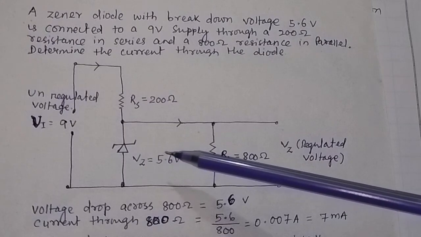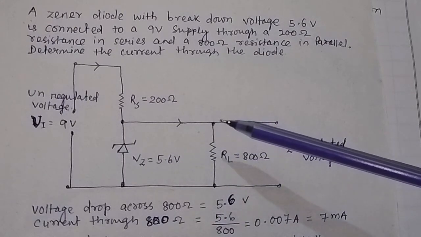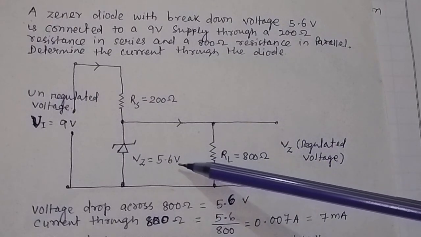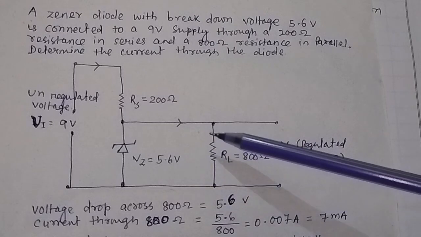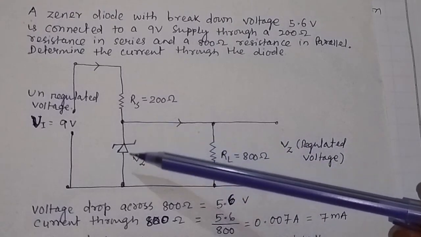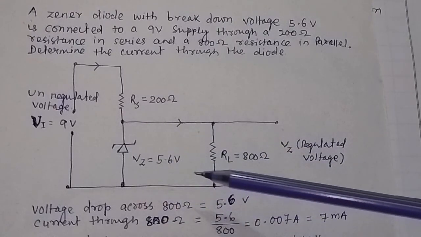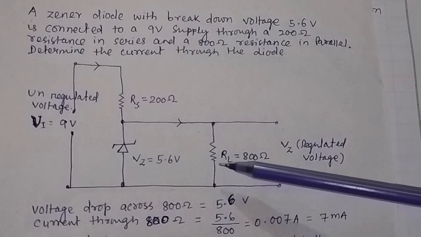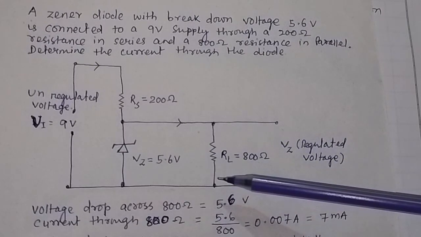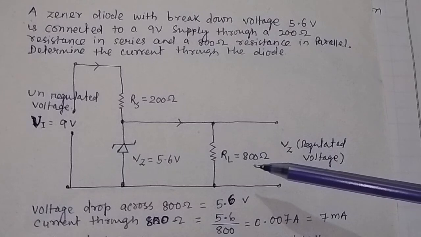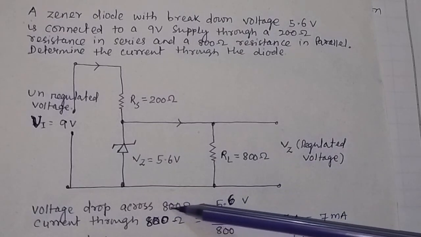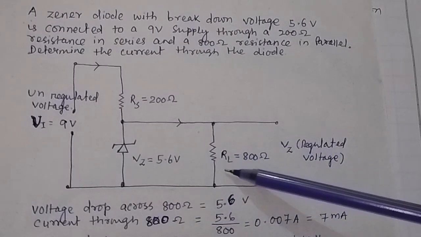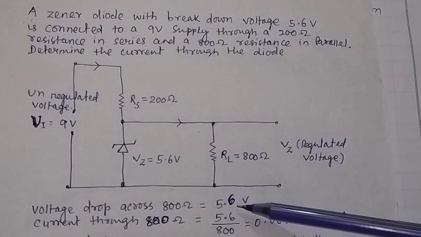So the voltage drop across the load resistance is equal to 5.6 volt, because this load resistance is connected in parallel to this zener diode. So what will be the current through this load resistance or 800 ohm resistance? The voltage drop across the 800 ohm resistance is 5.6 volt.